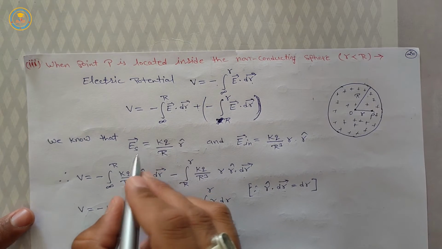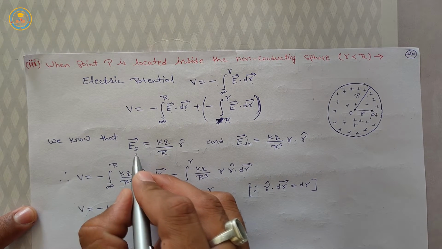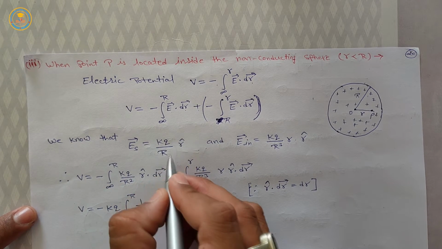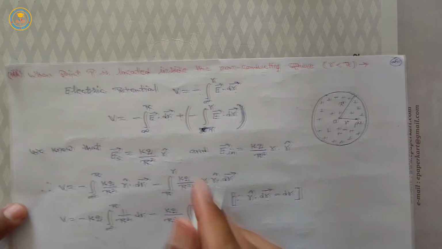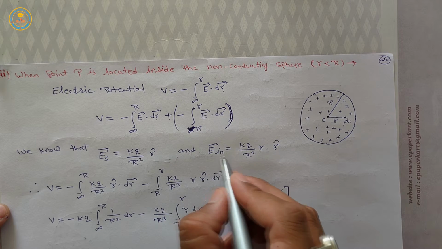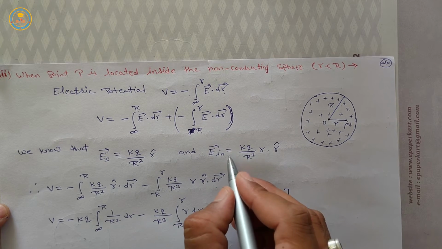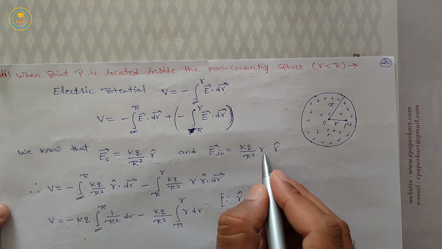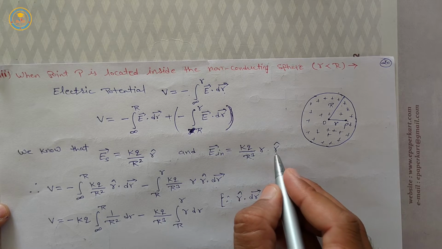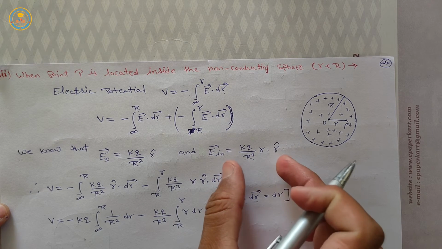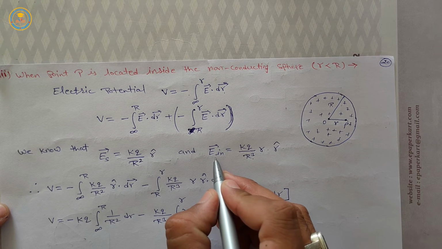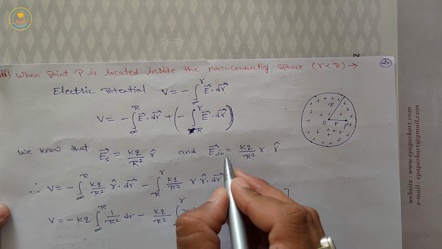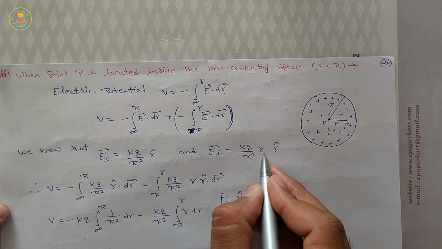At an outer point or surface, E_out vector is equal to kq upon r square, r cap, and E_in at an inner point is equal to kq upon R cube into r cap.